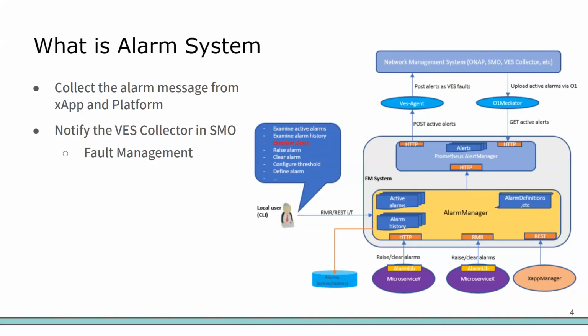So the NRT platform should support the fault management system. This figure just shows each component in the NRT platform and how these components compose the fault management system. Okay, thank you.